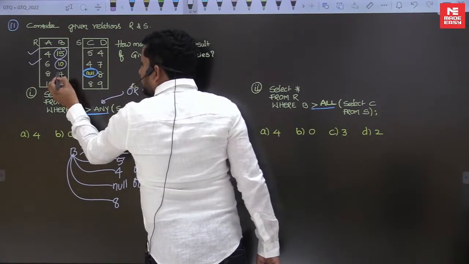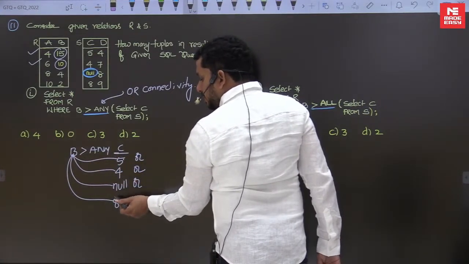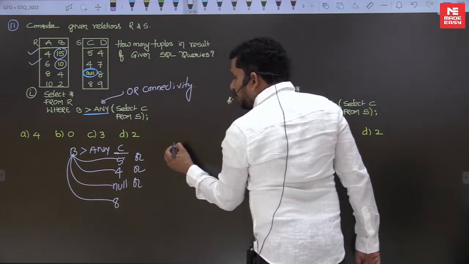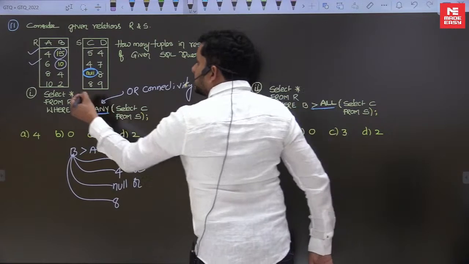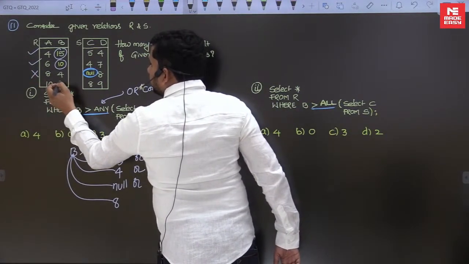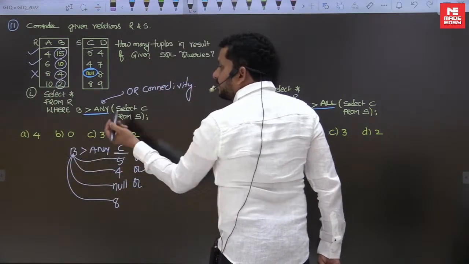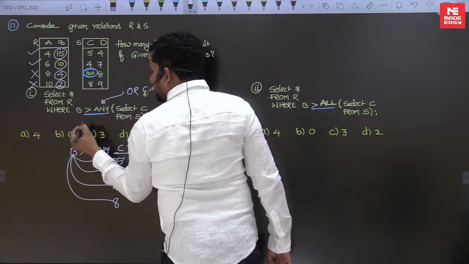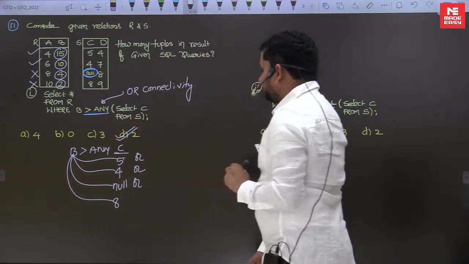So if B value is 4, so 4 greater than 5 is false, or 4 greater than null is unknown. Okay, so false or unknown, overall it is unknown, it is also not in the result. And if B value is 2, 2 is greater than none of them, okay, it is also not in the result. There is not much twist in this question, so the two records are in the result.